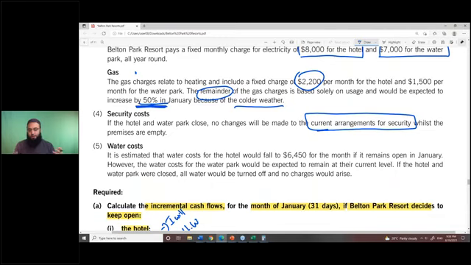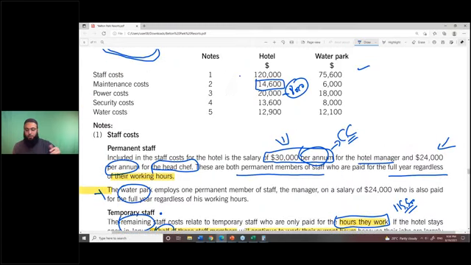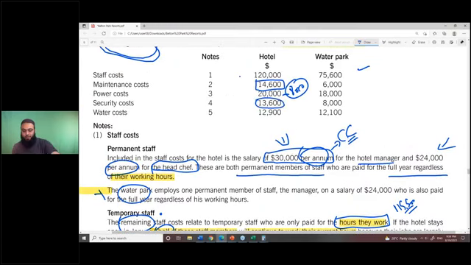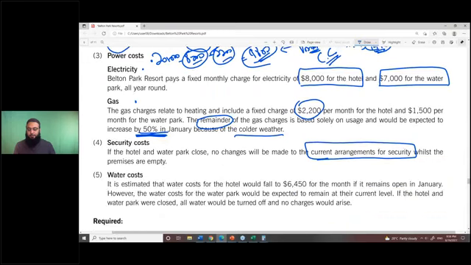It says that no changes will be made to current security arrangements while premises are empty, which means that your security cost is 13,600. Is this cost relevant or irrelevant for you people? What do you think?